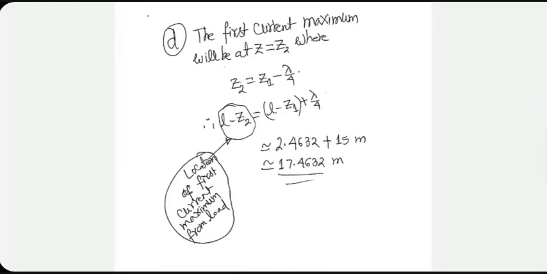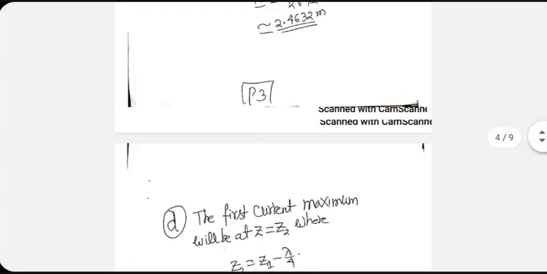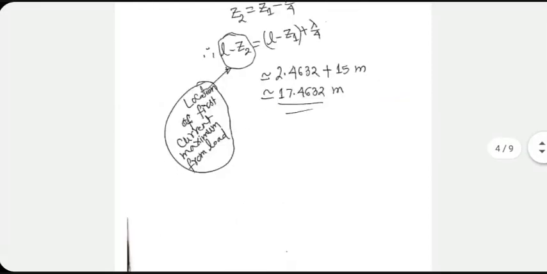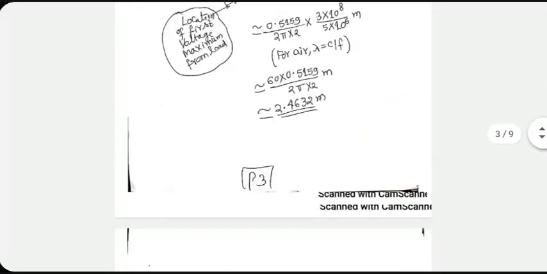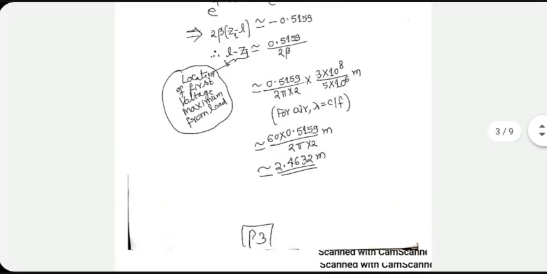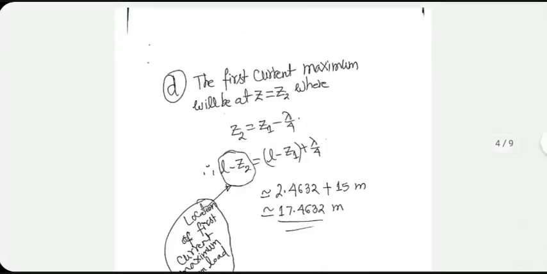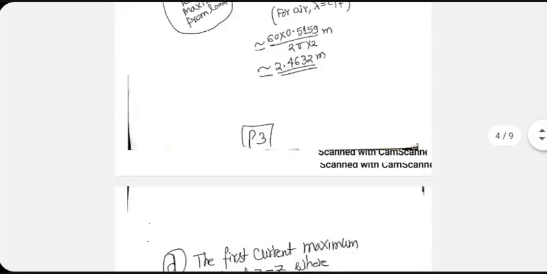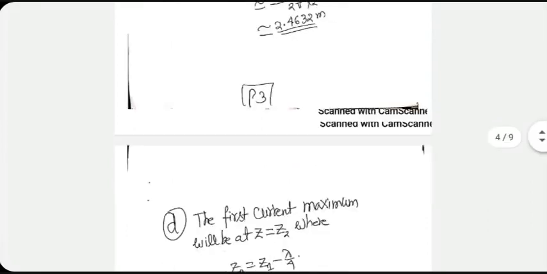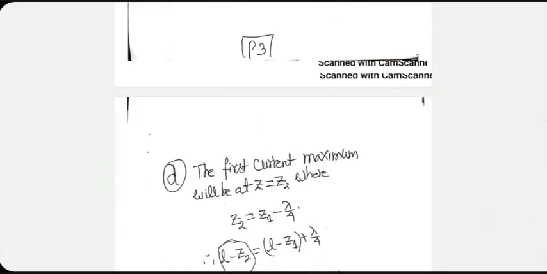Now, for the first current maximum, you can do a similar exercise, but we have already seen that there is a lambda by 4 difference between the first voltage minimum and the first current minimum. So I can use that fact right away. Simple enough. Z2 will be Z1 minus lambda by 4, if Z2 is the location of the first current maximum.